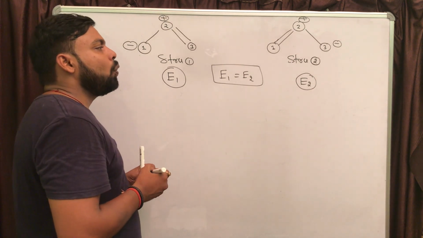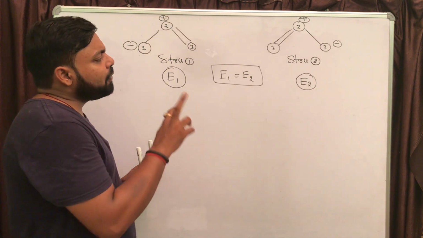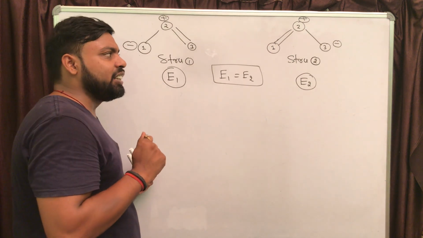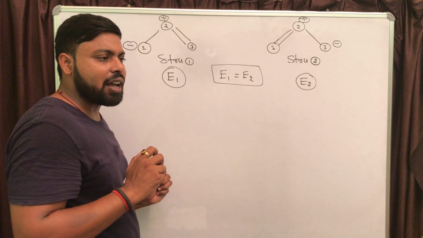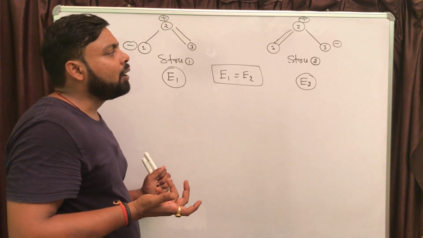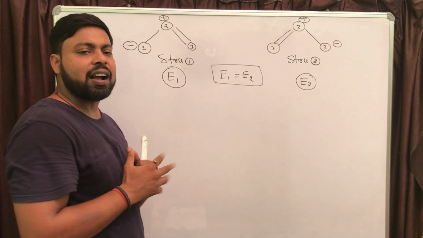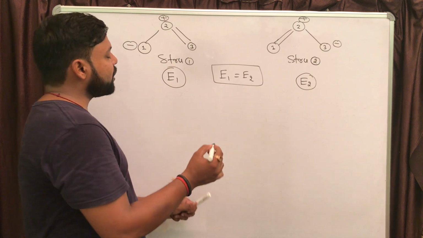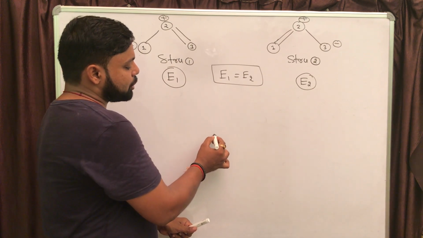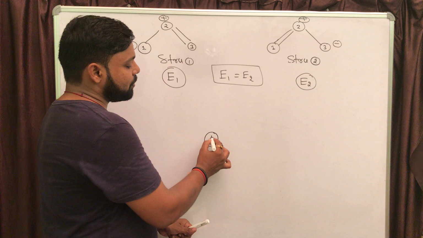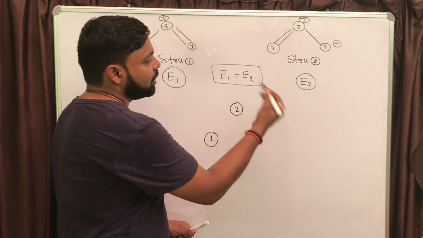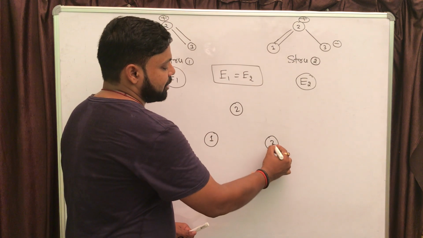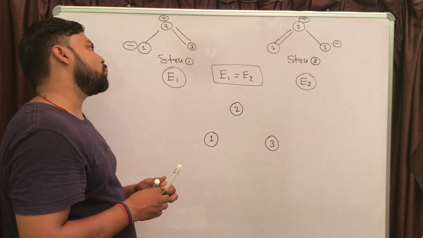Now, how to draw the hybrid? If both structures have equal energies and you want to draw the hybrid, we have to take the exact average. And how to take the average? Let's position the atoms first: oxygen 1 on the left-hand side, oxygen 2 on the upper side, and oxygen 3 on the right side. Now, what you need to do?